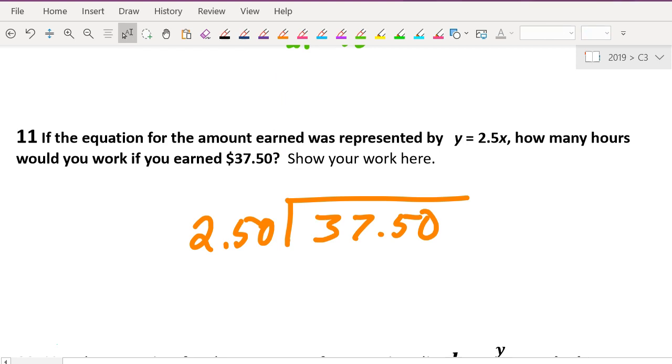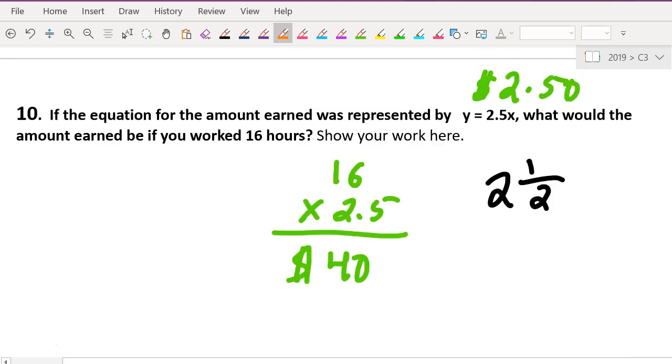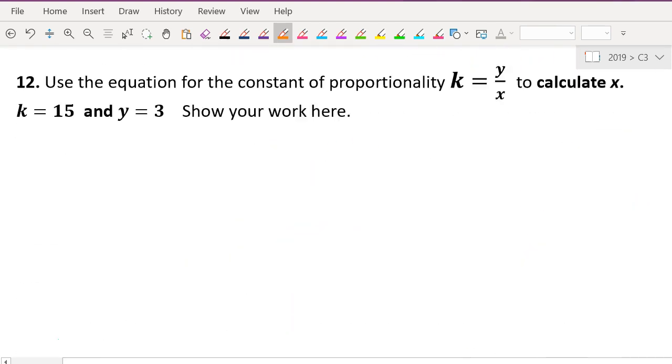We're having problems with our division symbol here. So the answer is 15, which means 15 hours. Did I write dollars in the other one? Yes, I did. Okay.